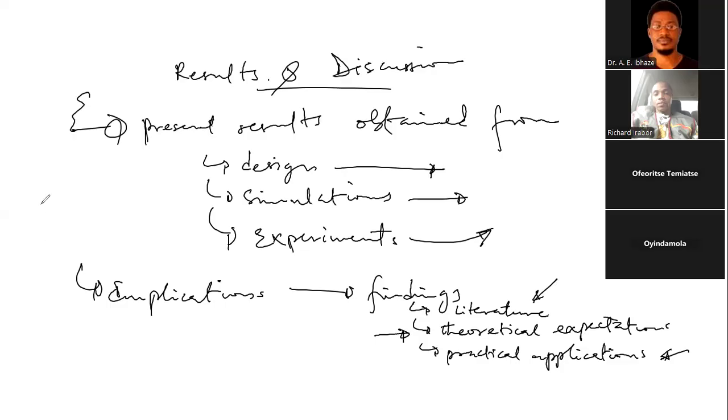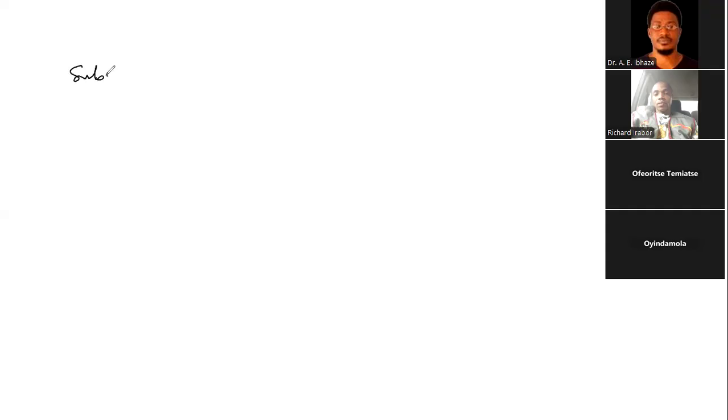Now, how do we begin? So let us look at the possible subsections. Well, you want to begin with a brief introduction. It's one good way to open the chapter.